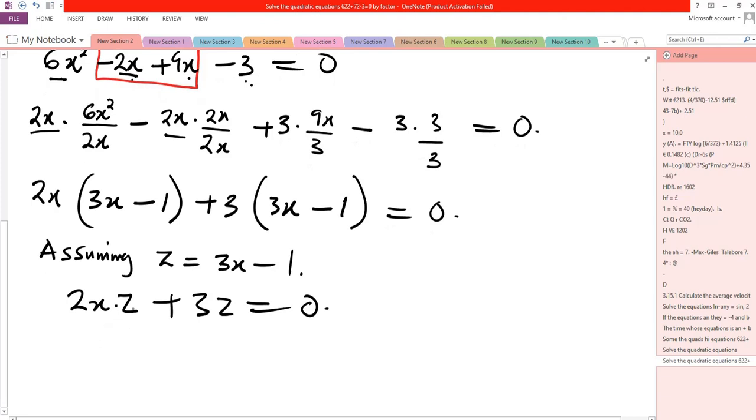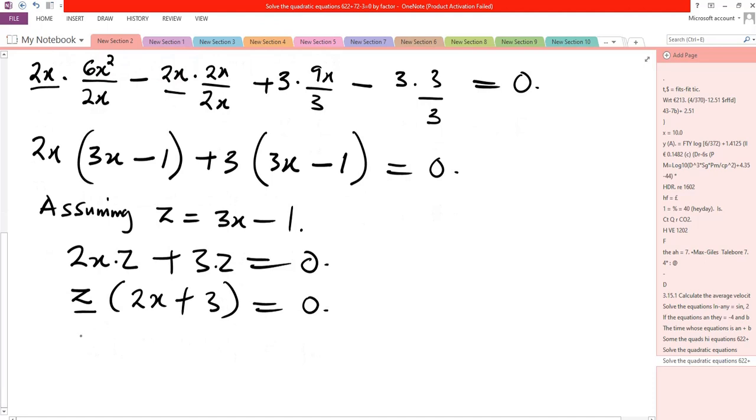Now if you factor this z out, because it's common, you have z times 2x plus 3 equal to 0. So this z is already 3x minus 1. If you substitute it back, you have 3x minus 1 times 2x plus 3.